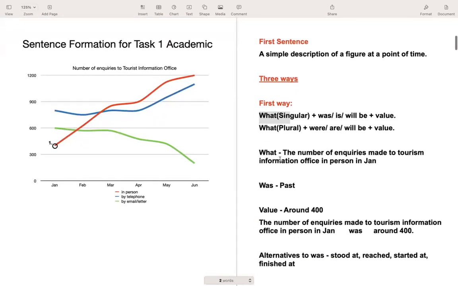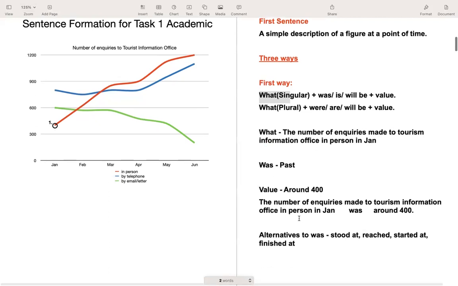So for example, here it was the number of inquiries made to tourist information office in person in January. The was sentence is used because it's a past sentence, and the value is around 400. So you write: the number of inquiries made to tourist information office in person in January was around 400.